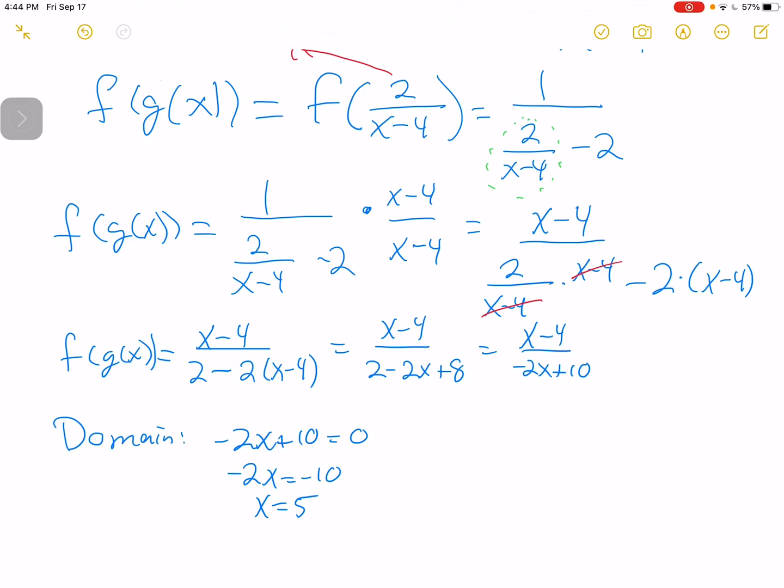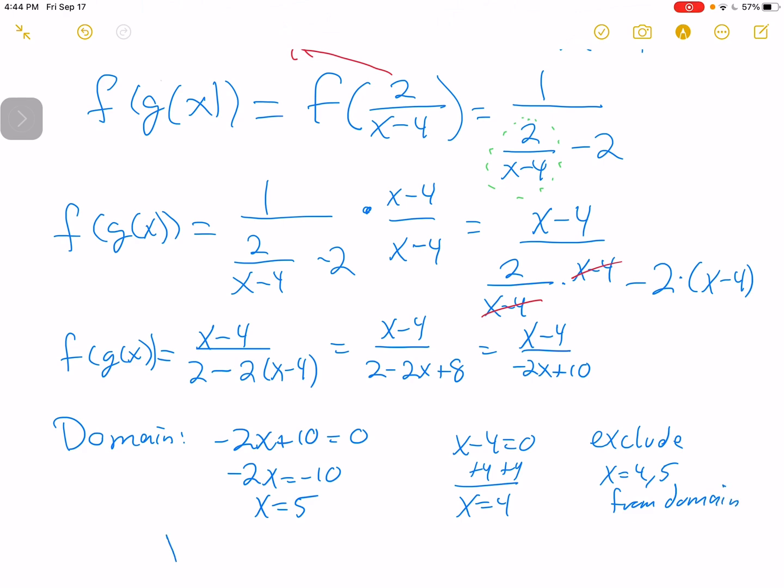But we also have to consider this complex fraction, that x minus 4 that was in there. So where is x minus 4 equal to 0? That's where x equals 4. So we also exclude 4. So we're going to exclude x equals 4 and 5 from the domain.